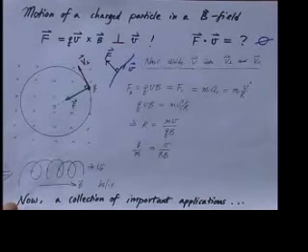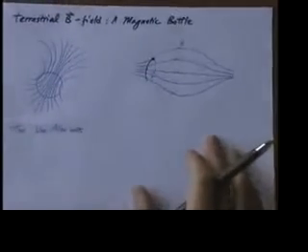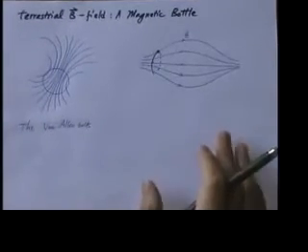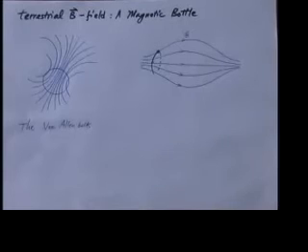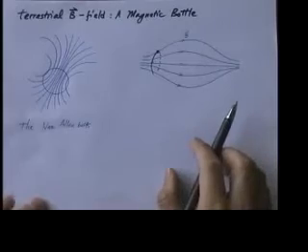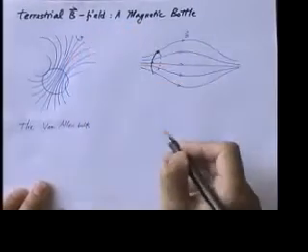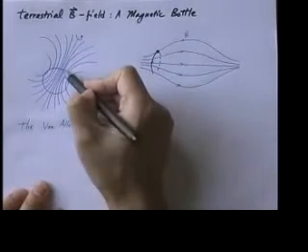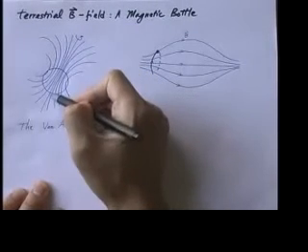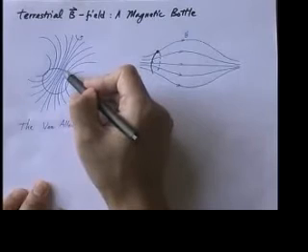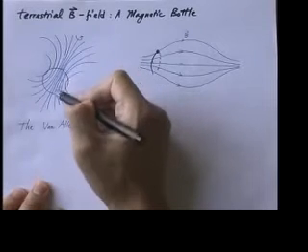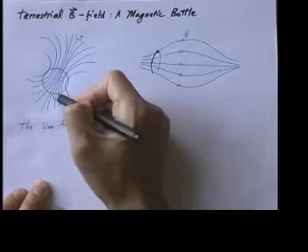One of the things we're going to look at is the Earth's magnetic field, the so-called terrestrial magnetic field. We know the Earth is a giant magnet, right? It produces a magnetic field, and if this is the rotation of the Earth, this side is the Arctic region, that's the Antarctic region. As you know, this is the magnetic south or geographical north, and this is the geographical south or magnetic north.